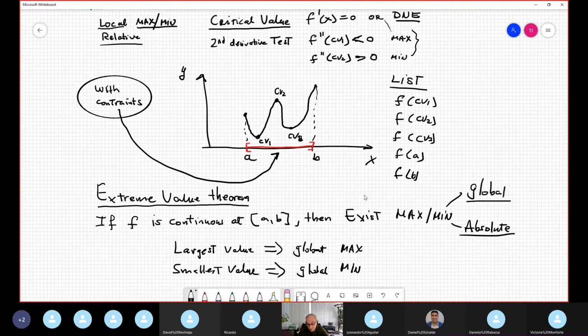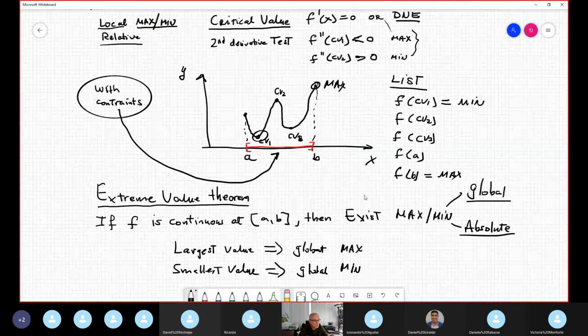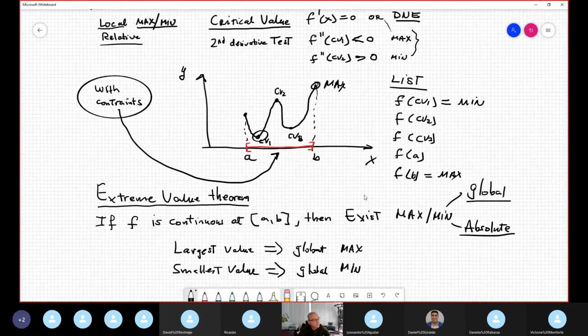Look at the graph. This is one example that I created to explain this. This critical value 1 is the global min, and this b is the global max. But this is the idea, guys. The idea is to find the critical values.